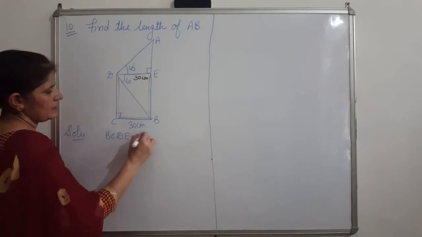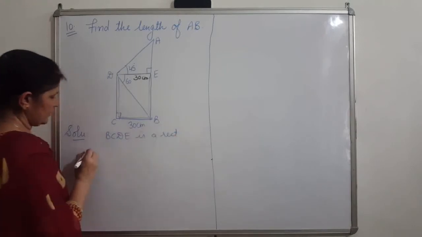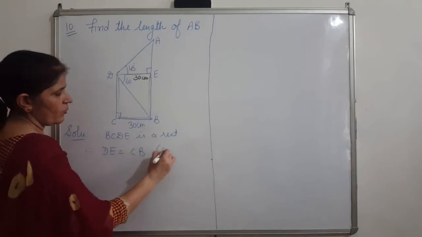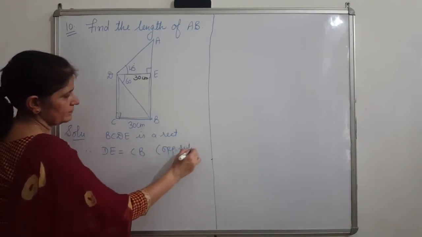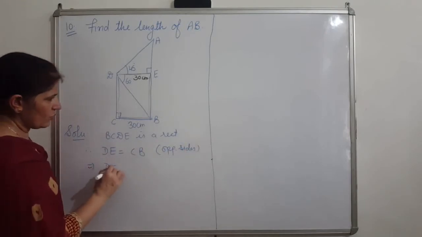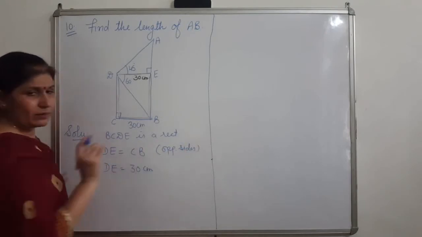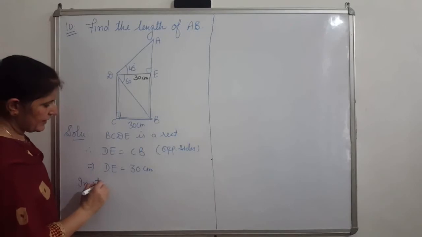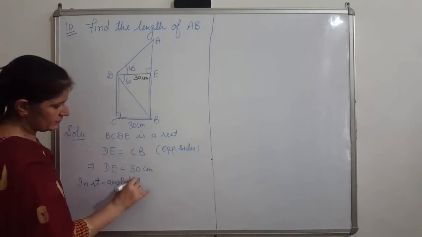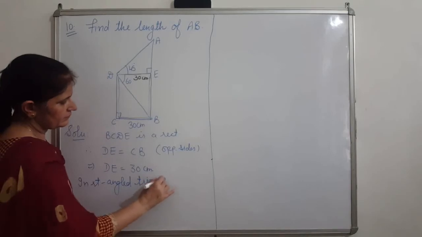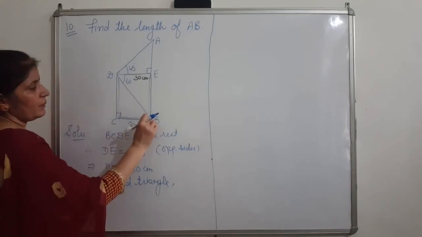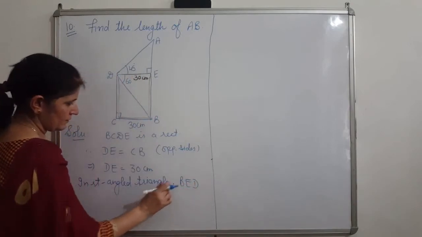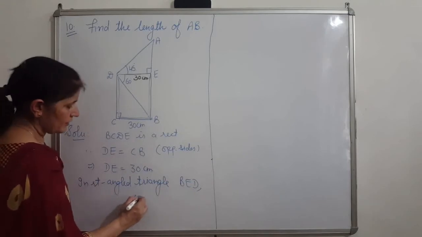BCDE is a rectangle. Therefore, DE will be equal to CD, opposite sides. That means DE equals 30 centimeter. Now we take triangles. In right angle triangle BED, angle E is 90.